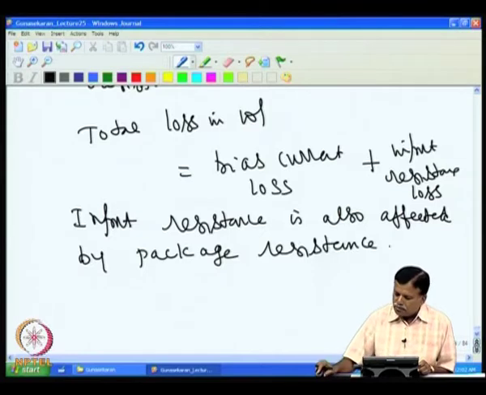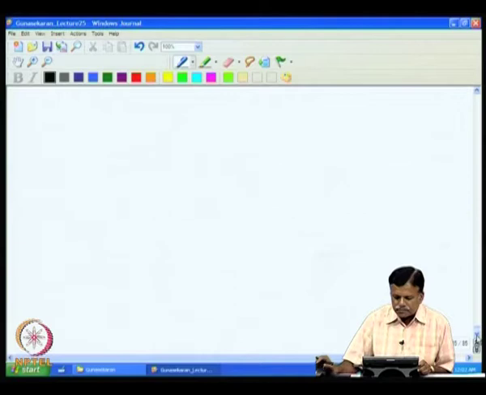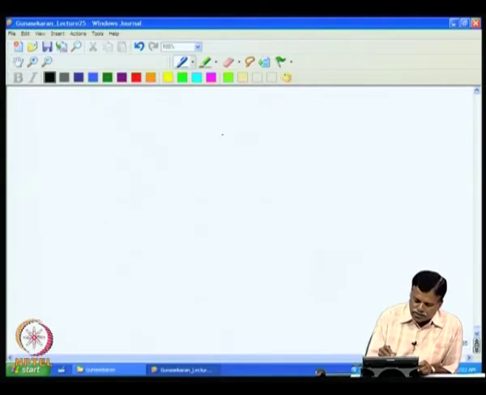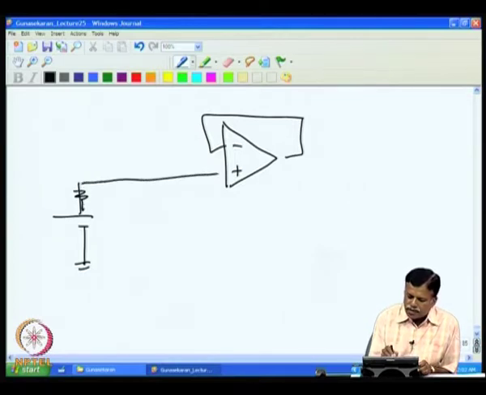If I draw the equivalent circuit, it looks like this: you have the input voltage with its internal resistance, then we have RID into A by G, that is this.